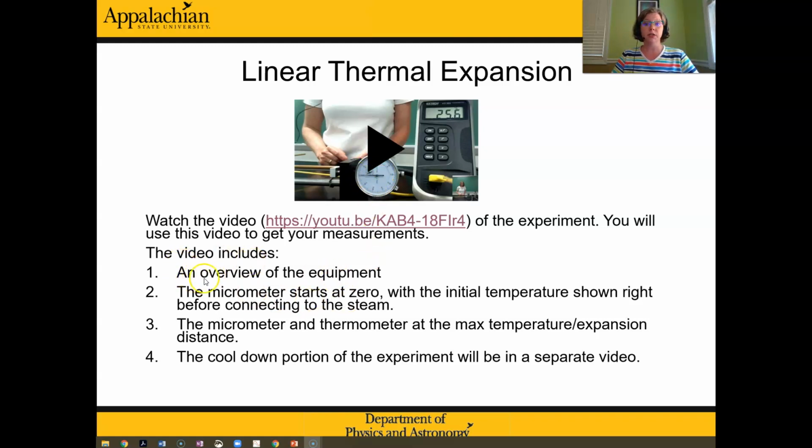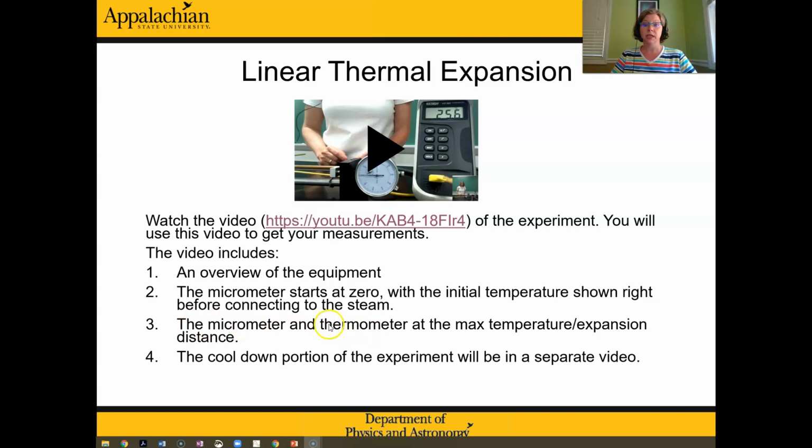The video includes an overview of the experiment. I will start the micrometer at 0, and the initial temperature will be shown. It may not necessarily be the temperature shown on the preview of the video, but you will be able to read the initial temperature when the experiment starts. I'm then going to connect the apparatus to a steam pot.